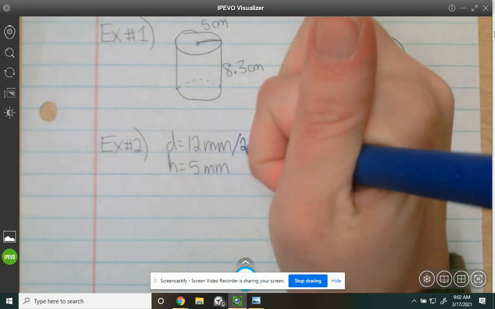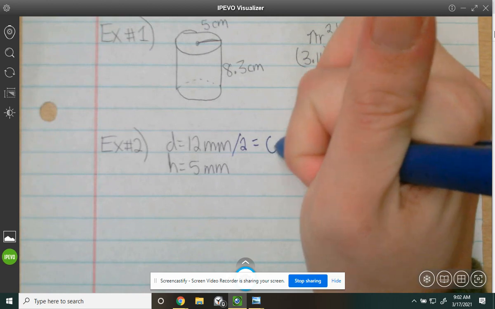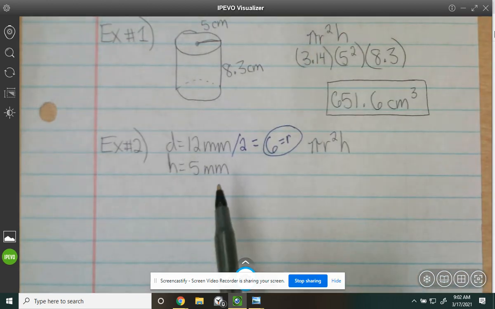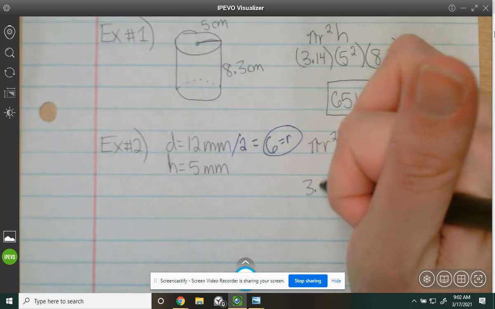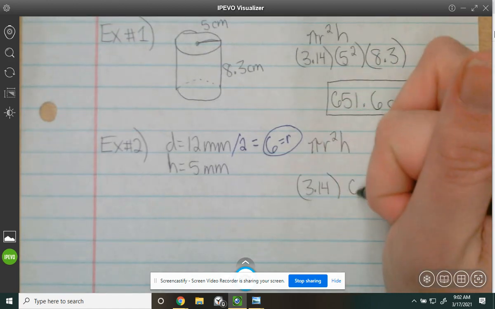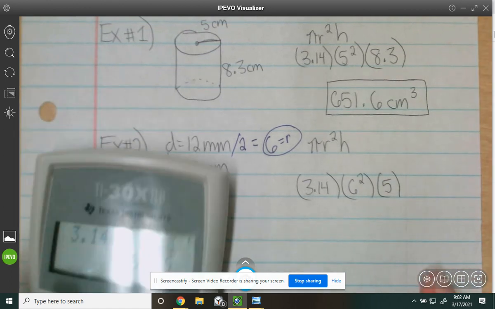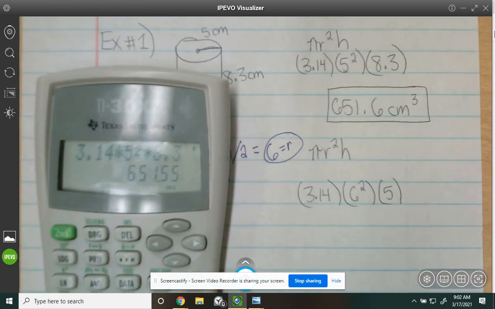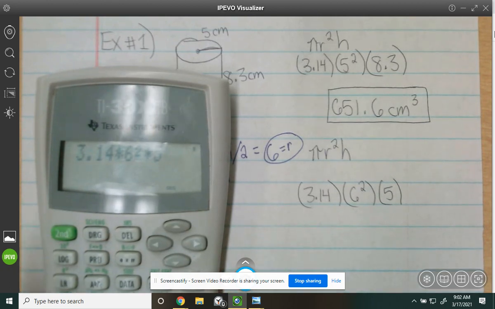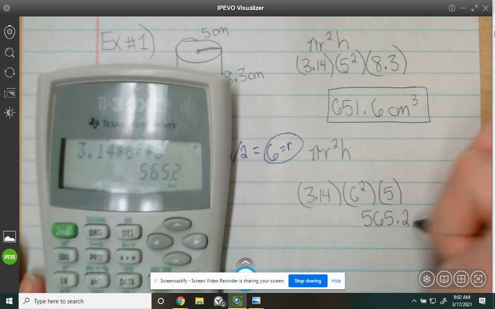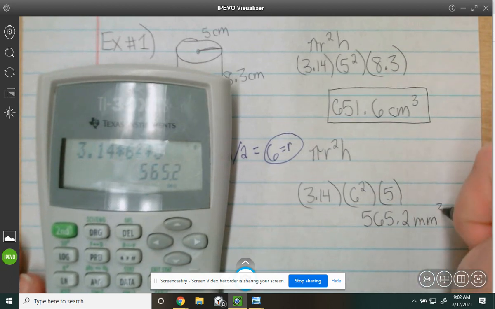So I have to divide that by 2, which gives me 6. So my radius is actually 6, not 12. So I'm going to do 3.14 times 6 squared times 5. So we get 565.2 millimeters cubed.